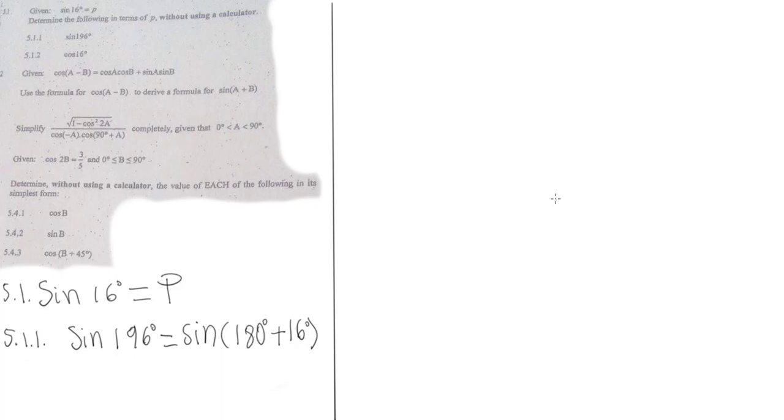What is important whenever they give you a question like this, where the angle is not a known angle like 90, 180, 270 or 360, you can use the formula 90 plus or minus, 180 plus or minus, or 360 plus or minus theta.